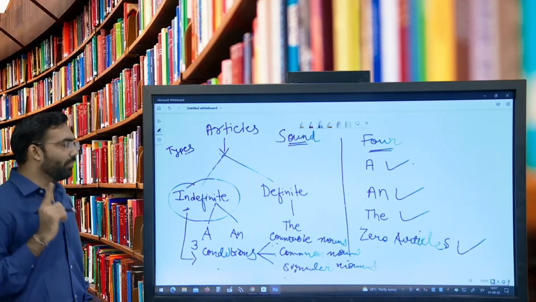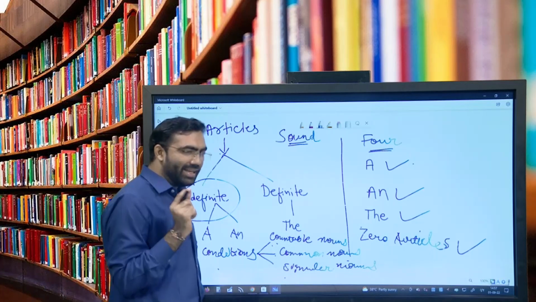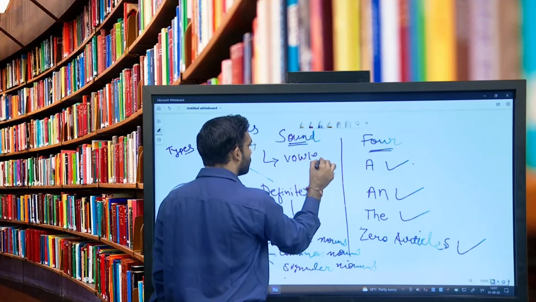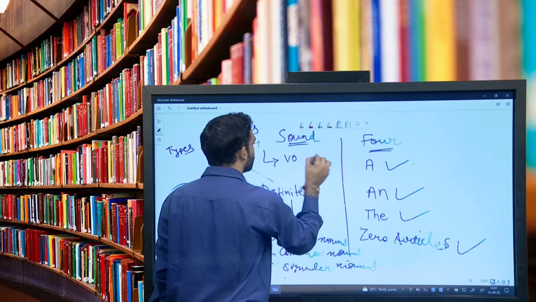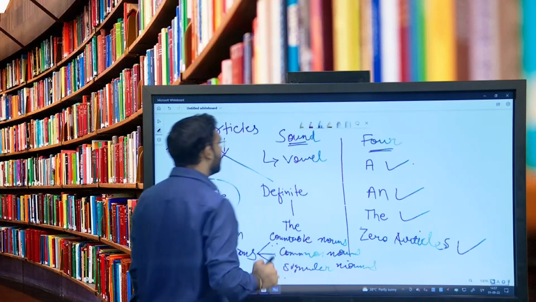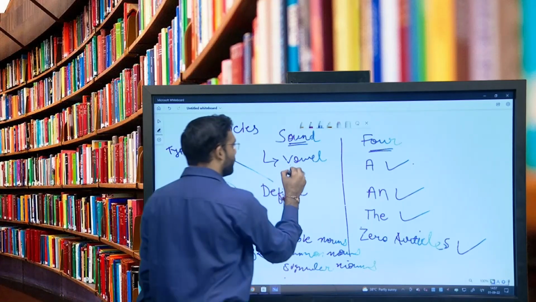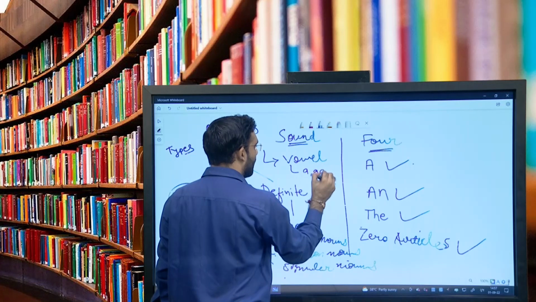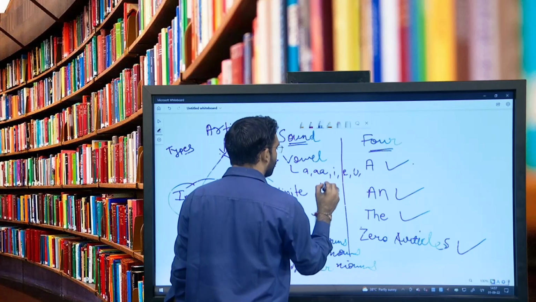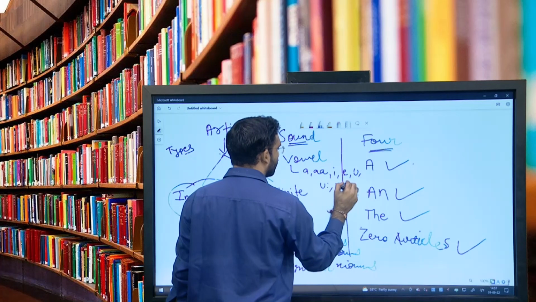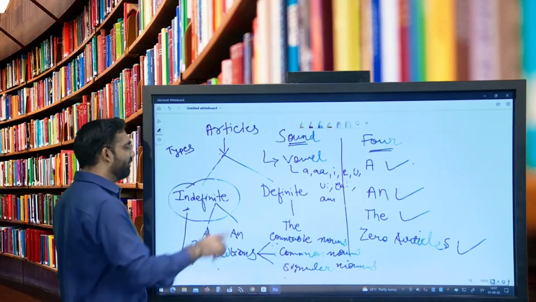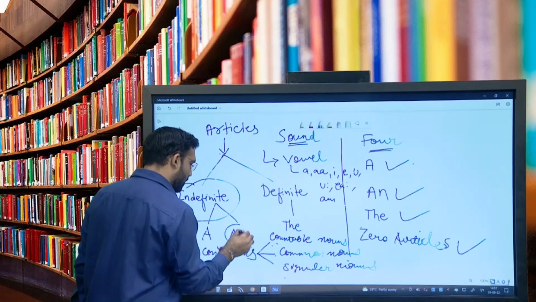If any of your words begins with a vowel sound, which means o, a, e, whichever, if it starts with that, you would be using an.